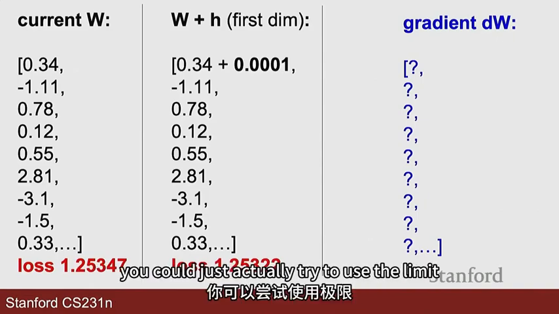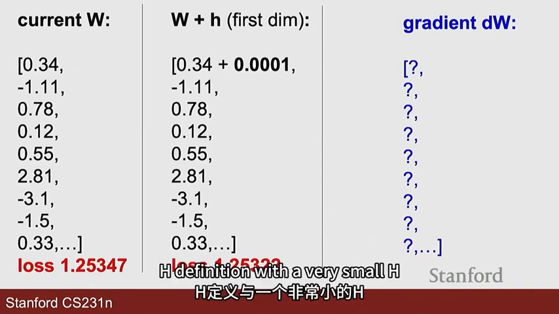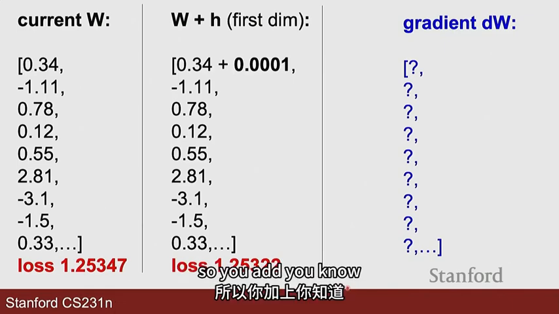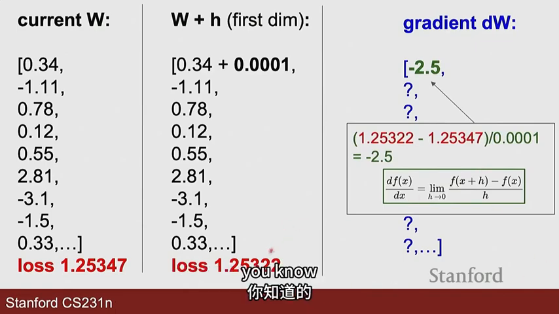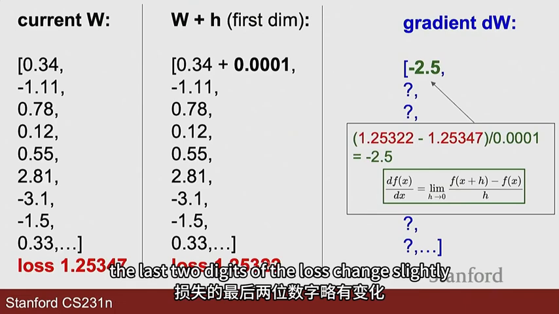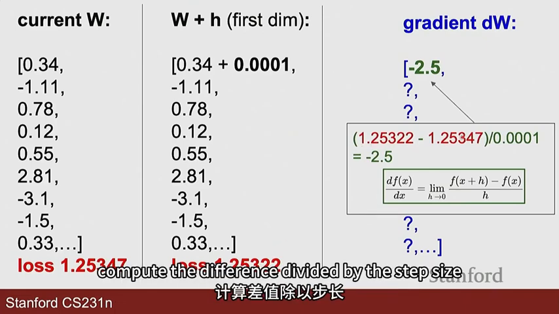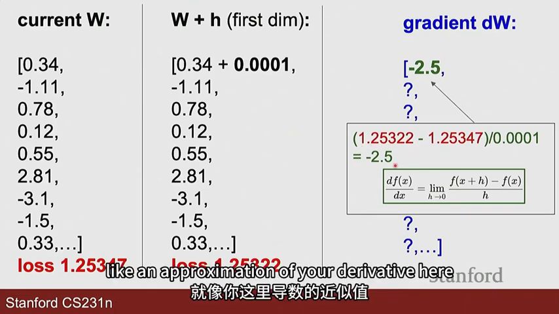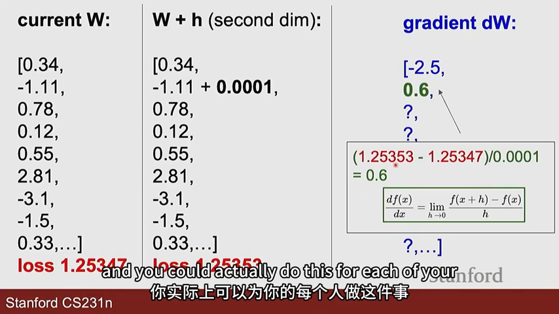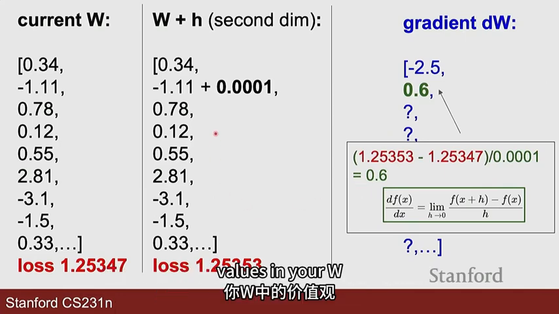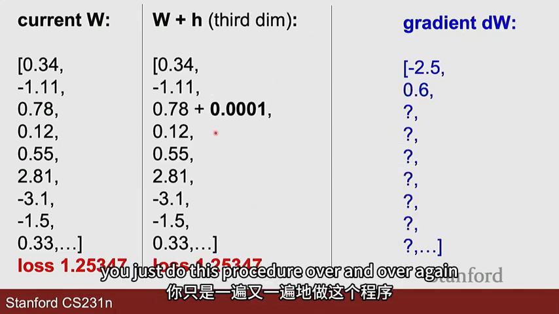A really simple one is you could just actually try to use the limit h definition with a very small h. So you add 0.0001. You actually can compute it, the last two digits of the loss change slightly, so you can compute the difference, divide by the step size, and you can get an approximation of your derivative here. And you could do this for each of your values in your W. You just do this procedure over and over again.